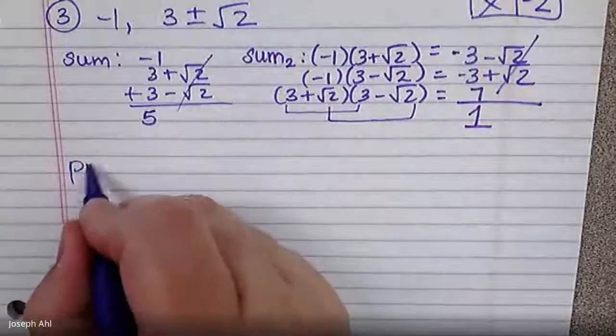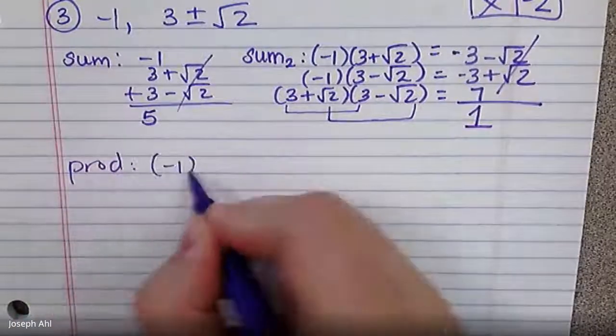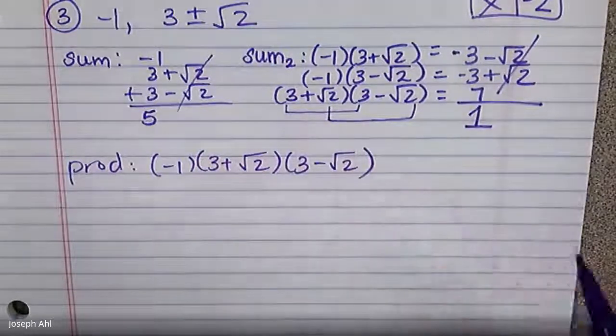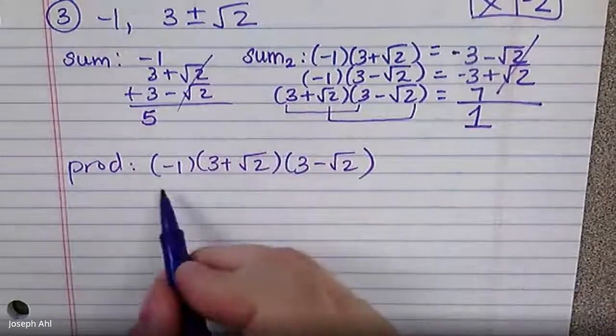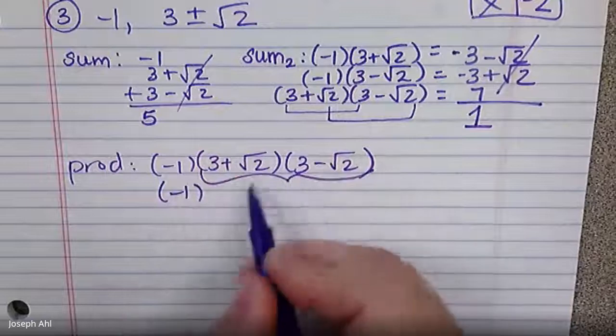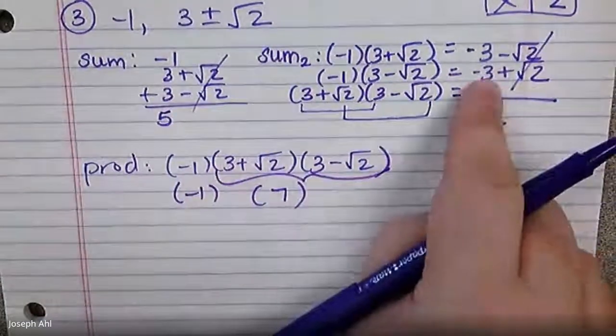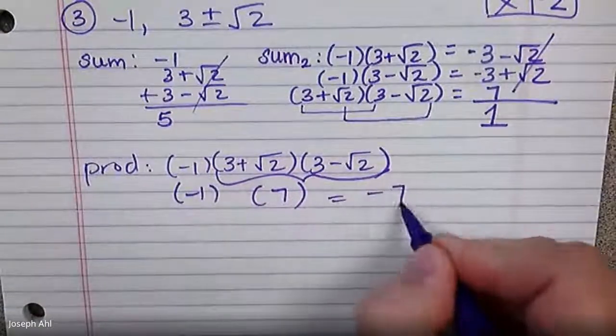And finally, the product, the grand finale here. Negative 1 times 3 plus radical 2 times 3 minus radical 2. Well, we've already determined that this thing is 7. We just did that a second ago. 7 times negative 1 is negative 7.